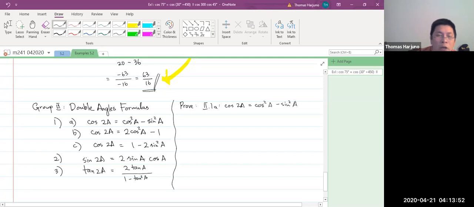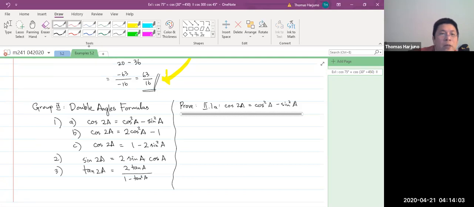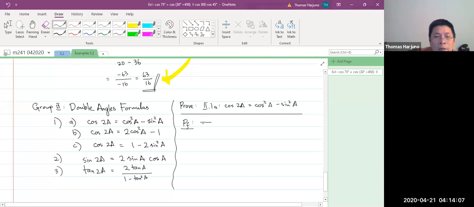You will see I use the same technique for the others. Now, of course, you still have to memorize them, right? Okay, proof from the left-hand side.